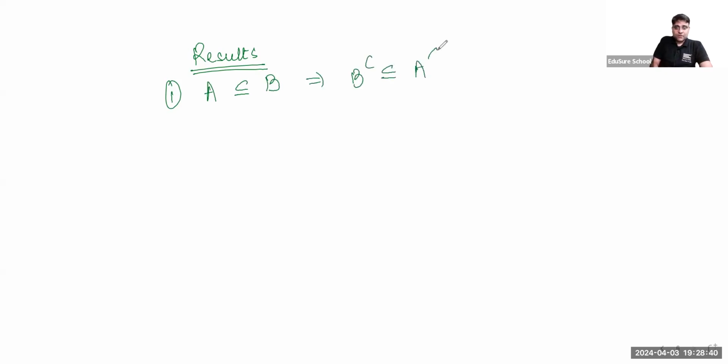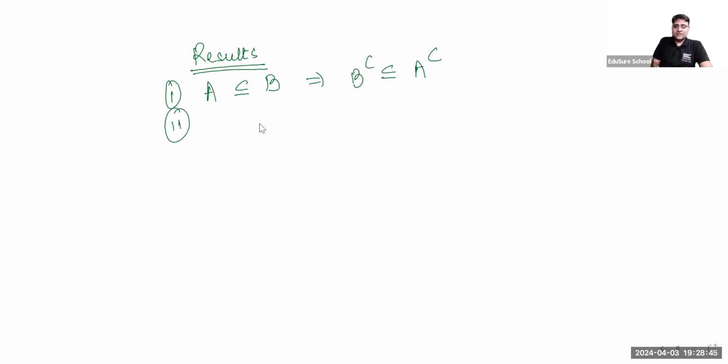Now let's talk about some important results that need to be known. If A is a subset of B, then B complement will be a subset of A complement.